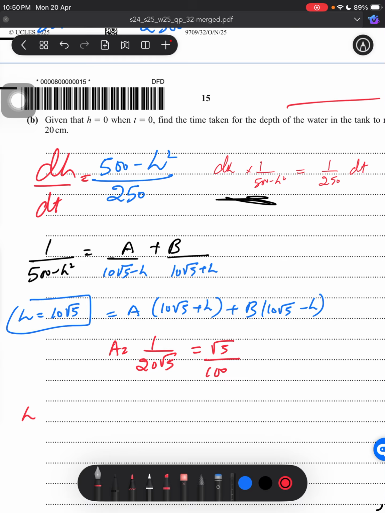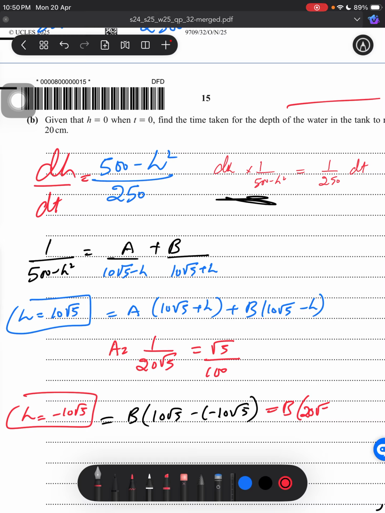Similarly for the other value, b, this would turn out to be root 5 over 100.